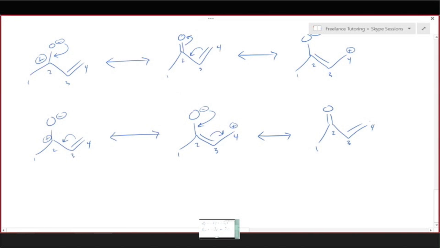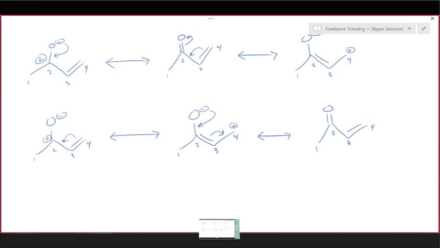Well, carbon 2 seems very electrophilic. And carbon 4 also appears electrophilic. Carbon 2 could be, in some resonance structures, a carbonyl carbon, which tends to be electrophilic.